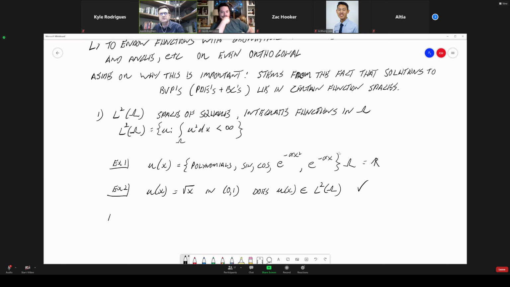Here's another example where u of x is equal to 1 over root x in 0 to 1.